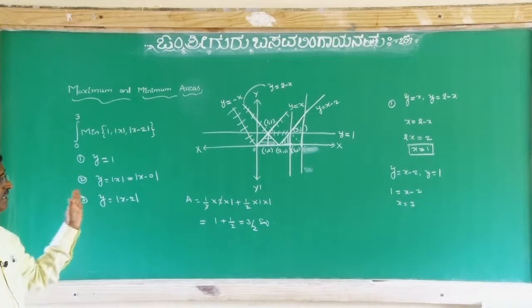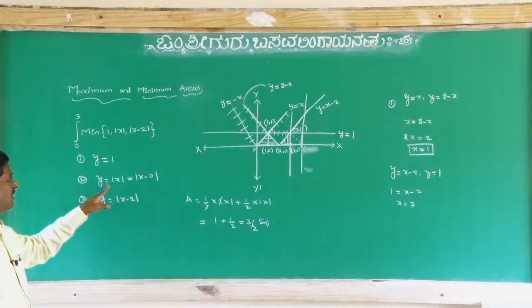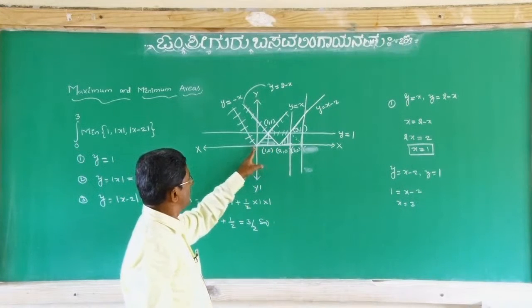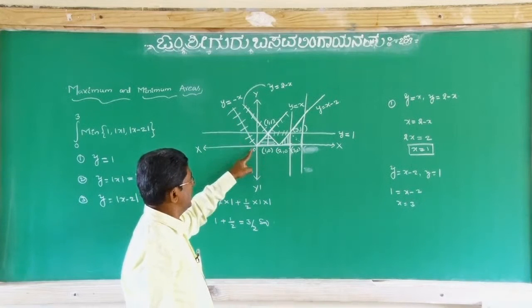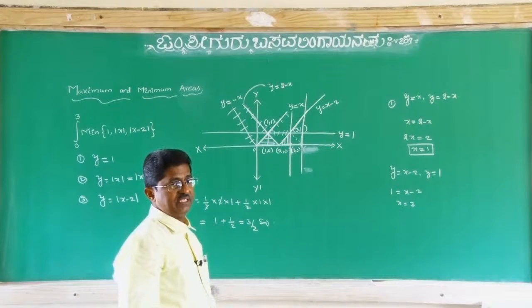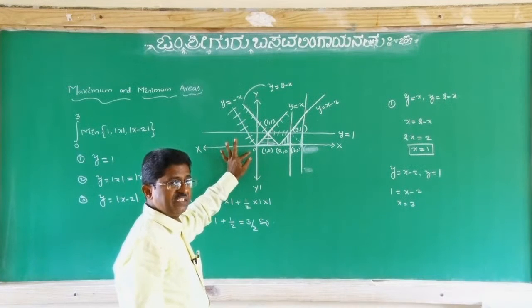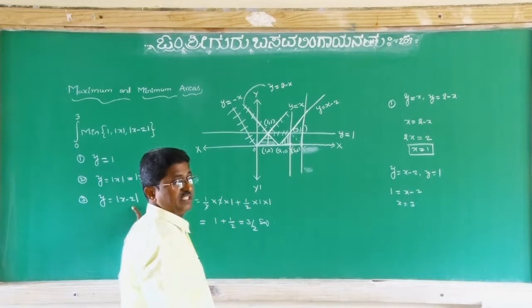After that, immediately go for the graph of the function y equal to modulus of x, which is a known graph. When x is less than 0, mod x means minus x; when x is greater than 0, mod x means plus x. With the help of y equal to mod x, we have to draw the graph of mod of x minus 2.